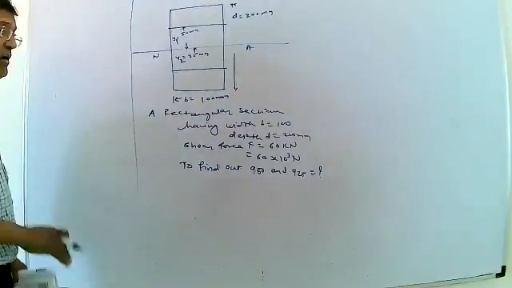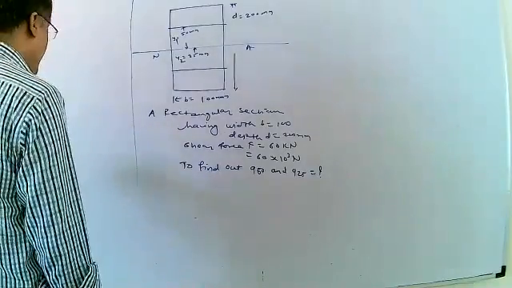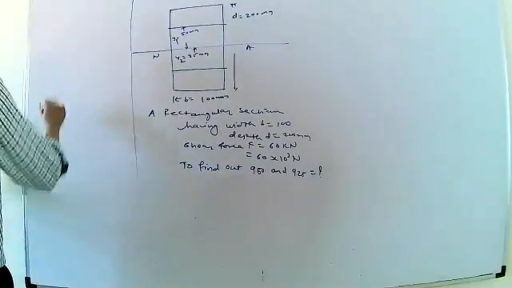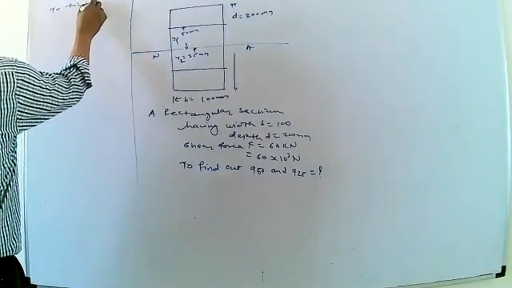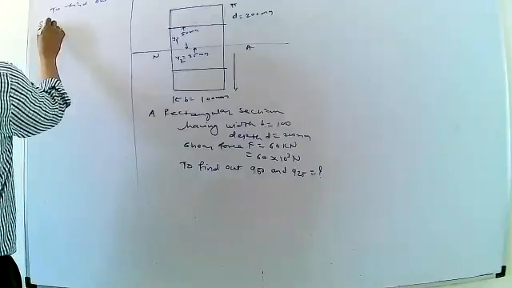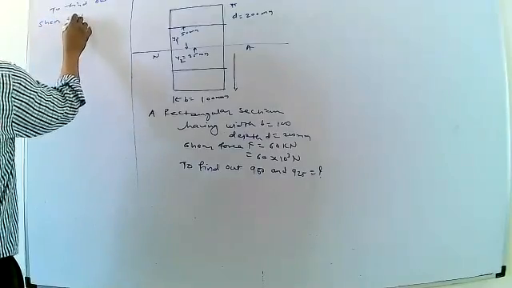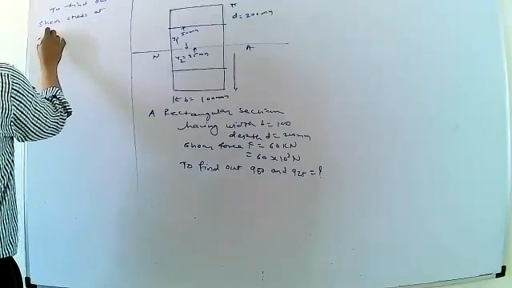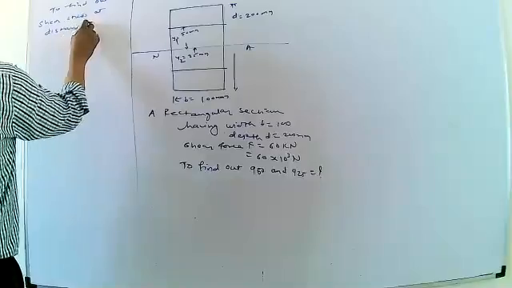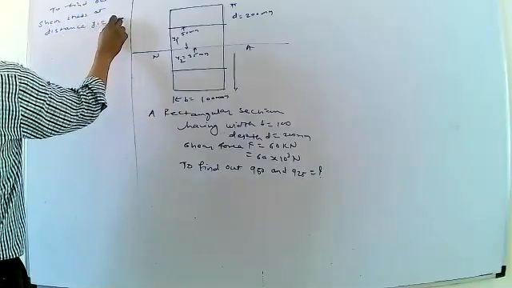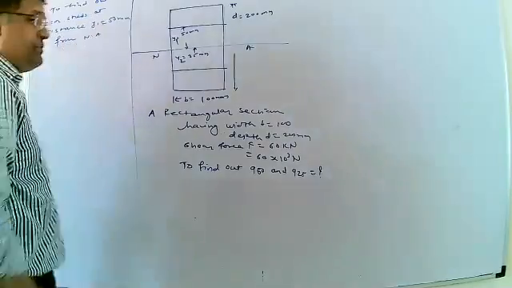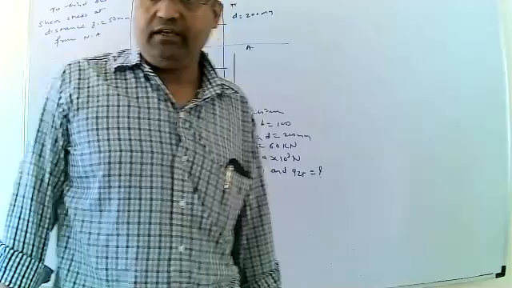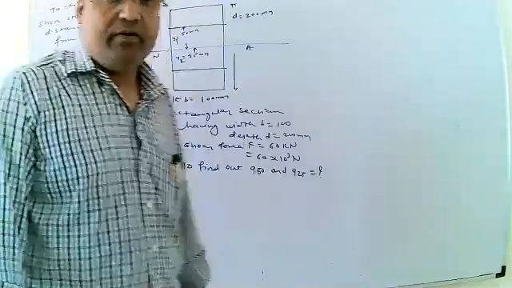Then to find q50 and q25, first we have to find the shear stress at a distance y1, that is 50 mm from the neutral axis. That distance is considered here.